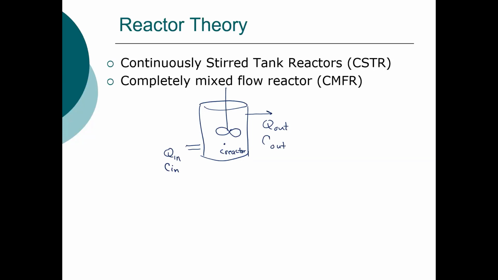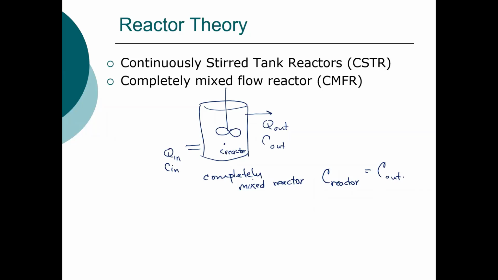If we have a completely mixed reactor, we can say that the concentration in the reactor is equal to what? C out. Okay, so if we have a completely mixed reactor, then the concentration in the reactor is equal to the concentration leaving the reactor.